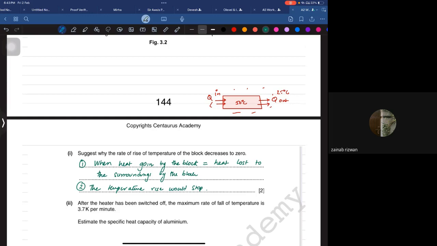So this is why this is happening, that you guys need to understand that at one point, the rate of heat loss would be the same as the rate of heat gain. So then it would not change at all. If you have any questions here, please let me know.